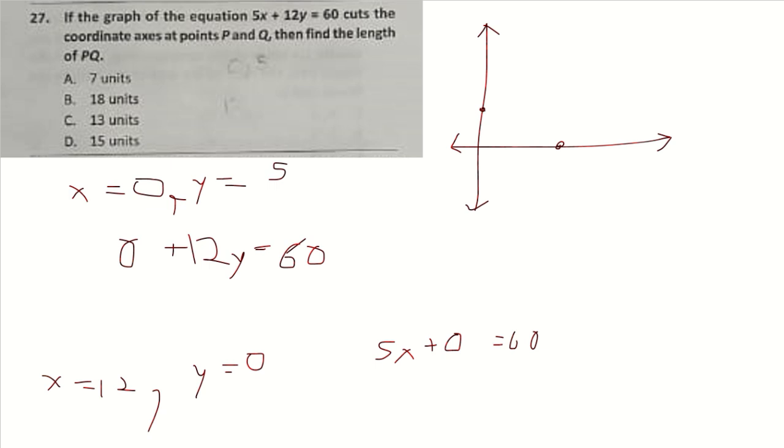When we join these, you have to find this distance PQ, it doesn't matter which is P, which is Q. We can find it using the Pythagoras theorem. This is a triangle with 90 degrees here, and we know that this distance is 5 units, this distance is 12 units. Using Pythagoras theorem, we will get this distance to be 13 units, option C.